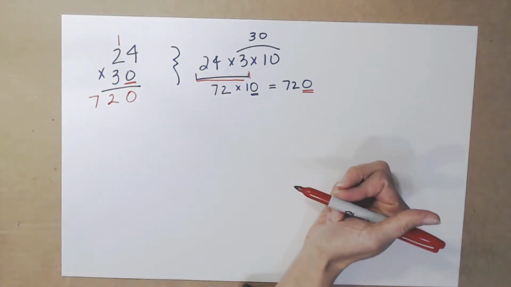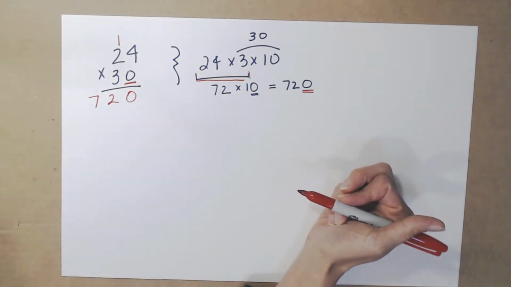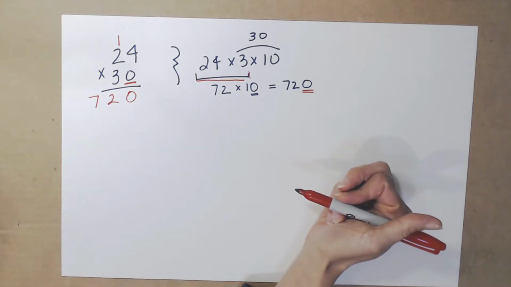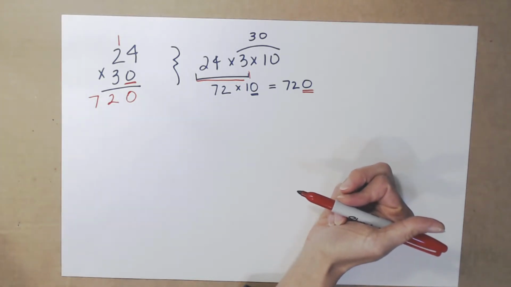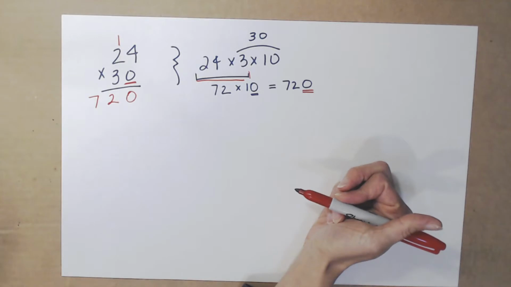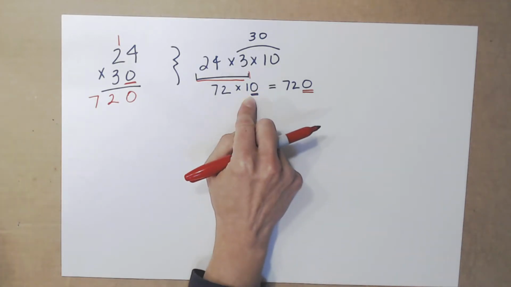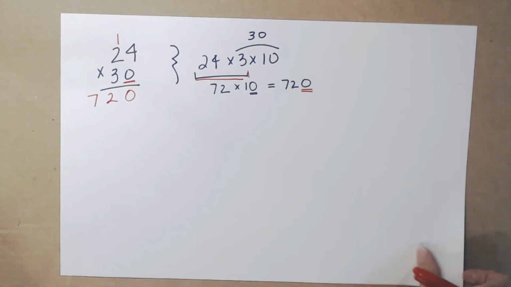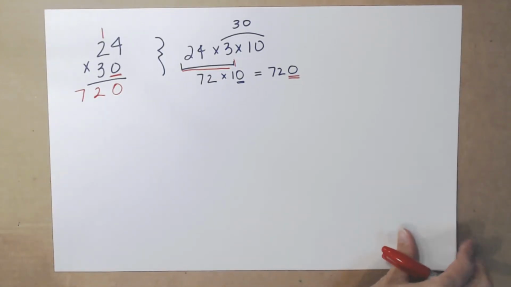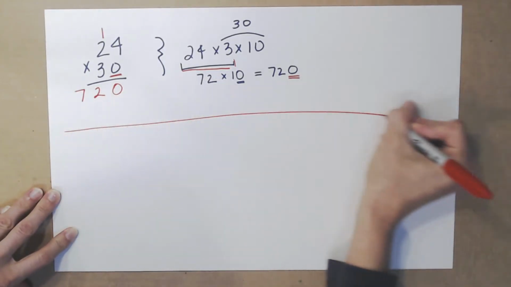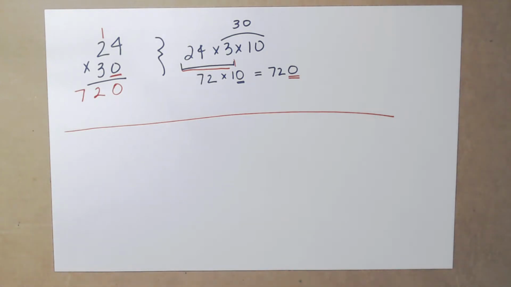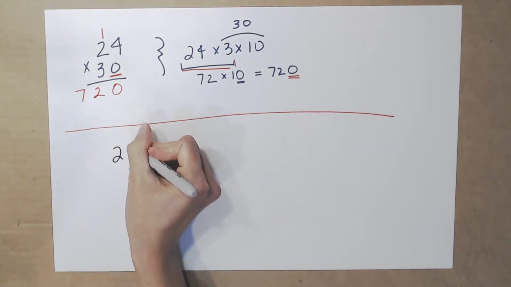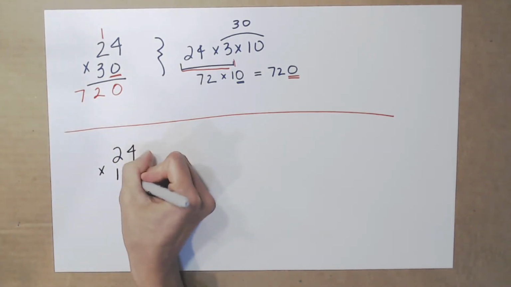So within our algorithm here, we are using that distributive property, and we are using our knowledge that when you multiply by 10, you add a 0 to the end of the number. Okay, so that's that one. Now let's go a little more advanced, and let's do 24 times 13.